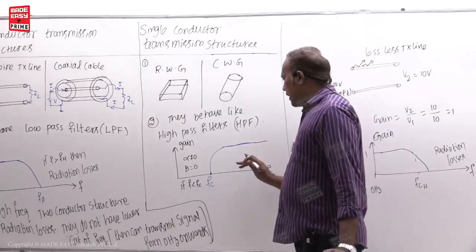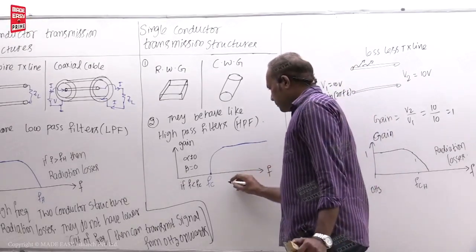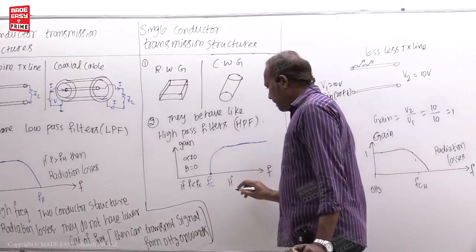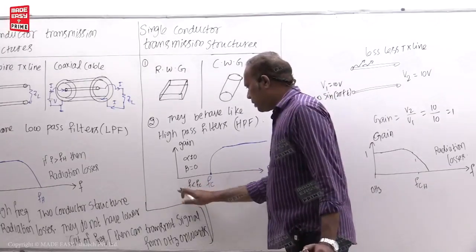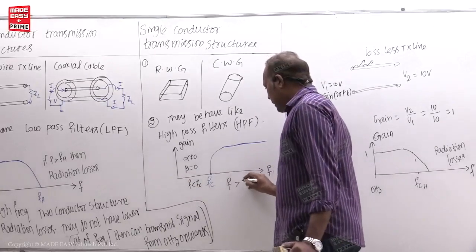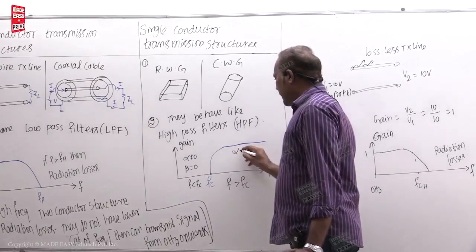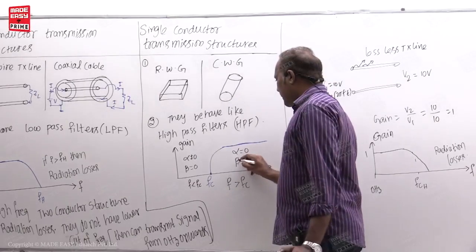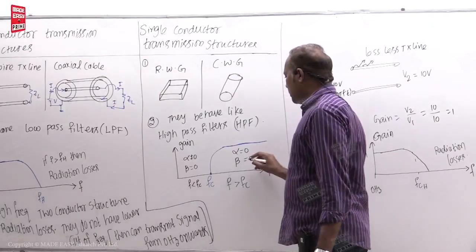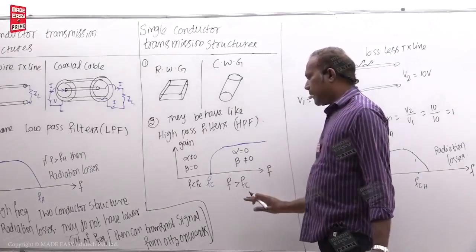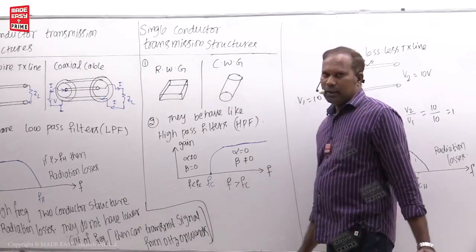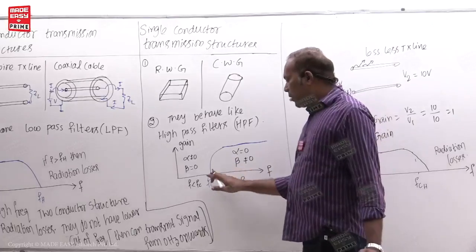But here if F is greater than Fc, we will derive that alpha is 0 and beta is not equal to 0. There is transmission here and there is no attenuation, student. So it has a lower cutoff frequency.